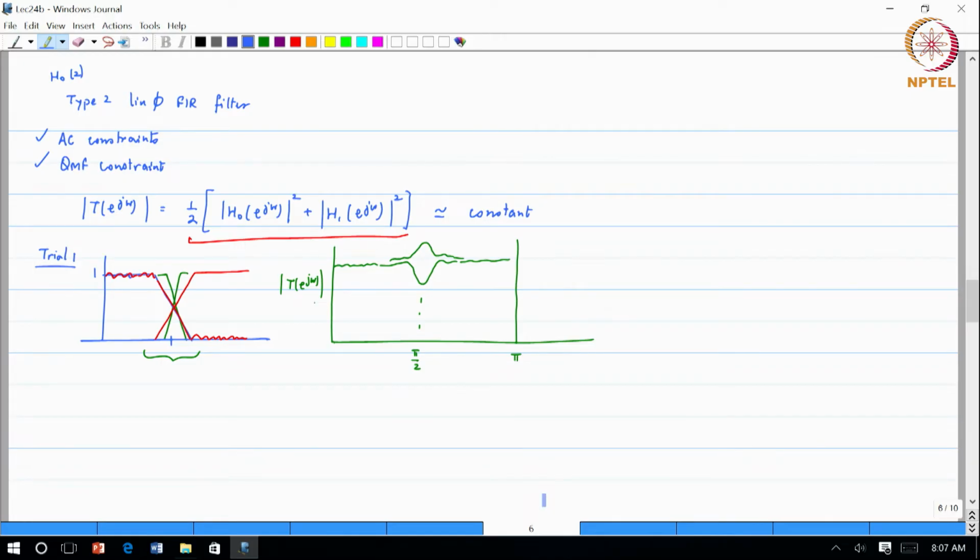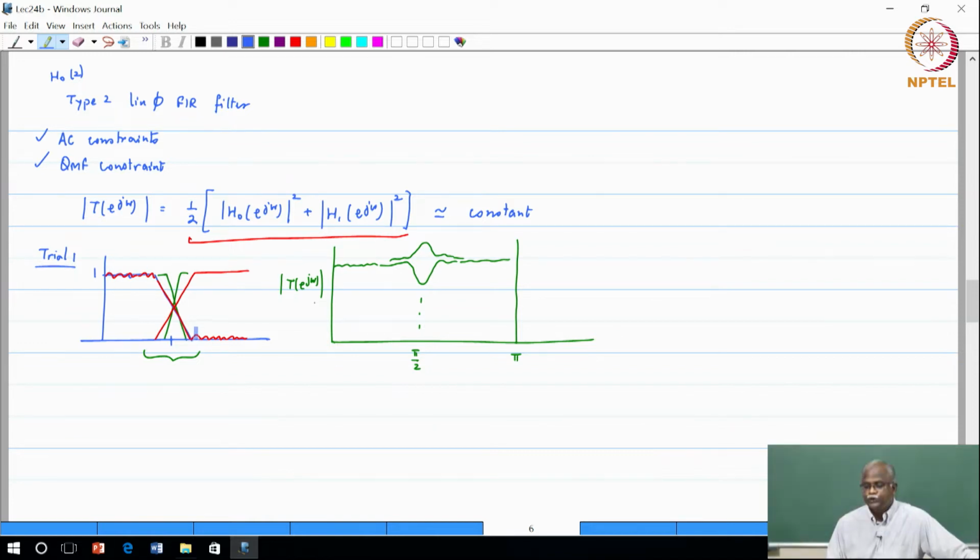We spent a bit of time looking at the design of a two channel filter bank, and we said that the stop band plays a very important role, and the stop band will more or less decide where the crossover occurs. When you plot the overall transfer function, as long as your stop band energy is small, you are going to be small in this region and also in this region.